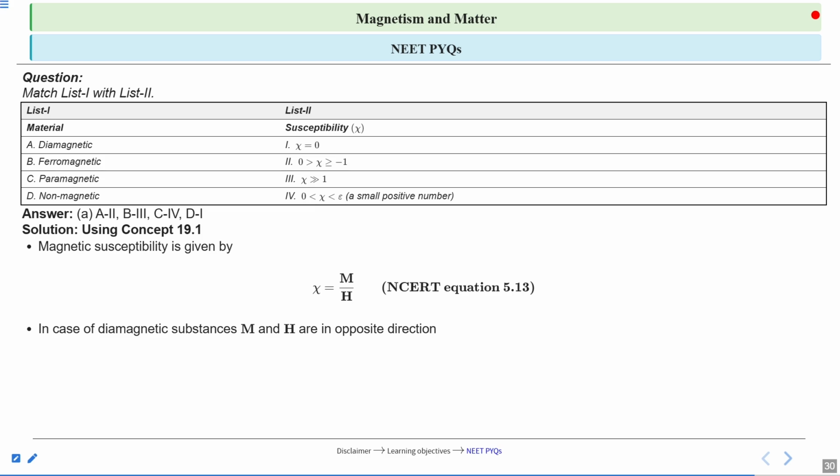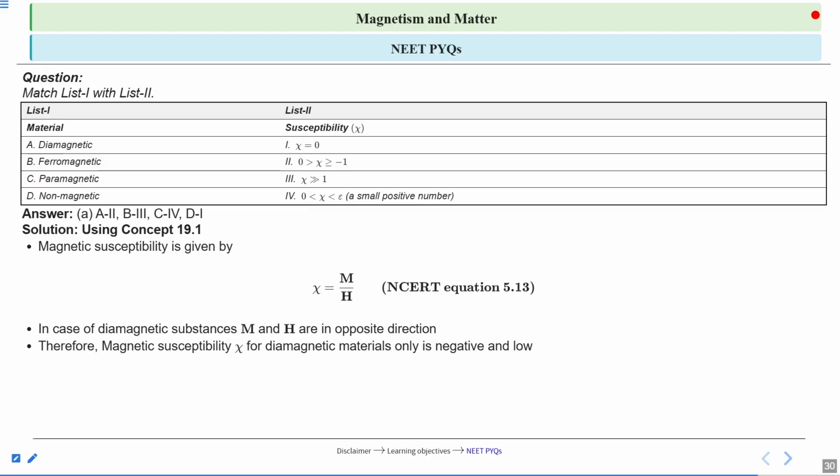That's why magnetic susceptibility is negative and low. Also, magnetization is very small compared to the magnetic intensity for both diamagnetic and paramagnetic, but M and H are in opposite directions for diamagnetic only. It is in the same direction for paramagnetic as well as ferromagnetic.